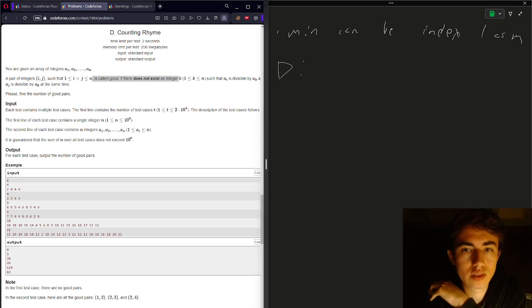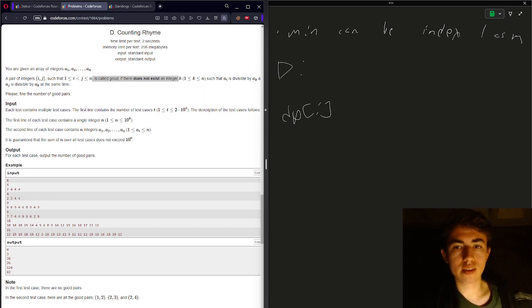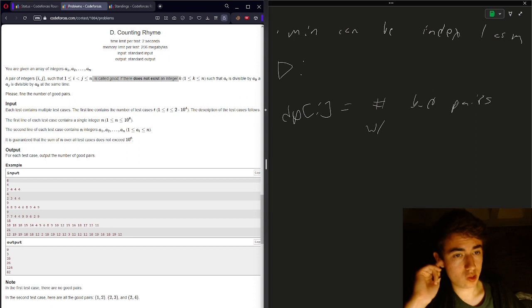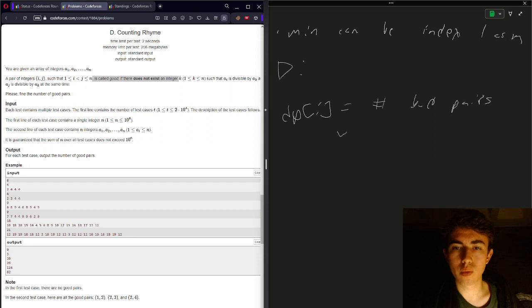Let dp of I equal the number of bad pairs with greatest common divisor in A as I.